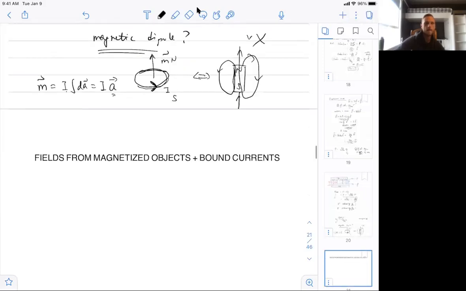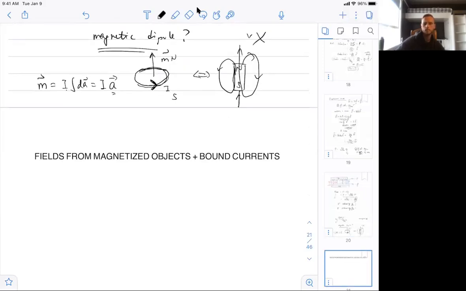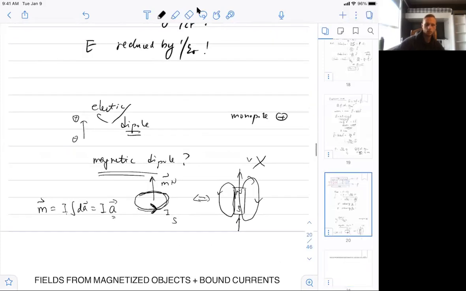So magnetization is what you have if your material is being magnetized. Previously, we said if your material is being polarized, then the polarization P is all the little dipole moments divided by volume. So you can pretty much guess how we are going to define the magnetization.